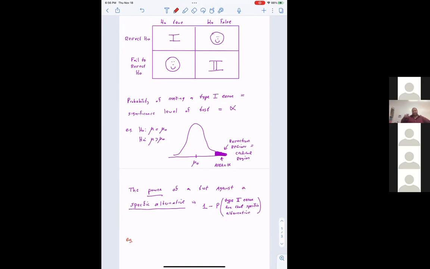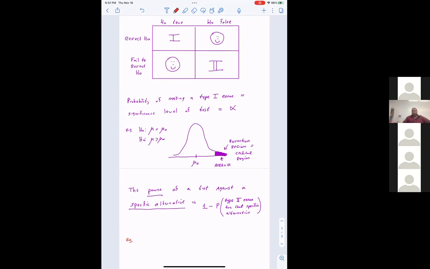I need a result that has less than a 5% chance of occurring. I'll then reject the null hypothesis. So any result past that point has less than a 5% chance of occurring. So anything in that last 5% would be my rejection region. So alpha is the area of that rejection region. That is the probability of making a type 1 error.